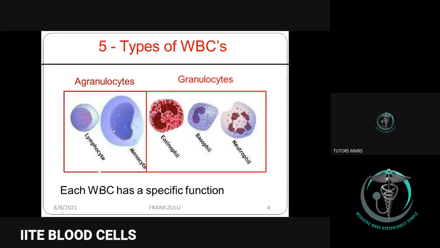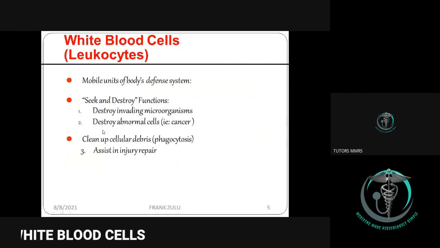Then in here, you have the lymphocytes, okay? The lymphocytes and the monocytes, which are basically the same types of cells at different stages of development. So what are white blood cells? White blood cells are sometimes referred to as leukocytes, like I mentioned in the previous lecture.